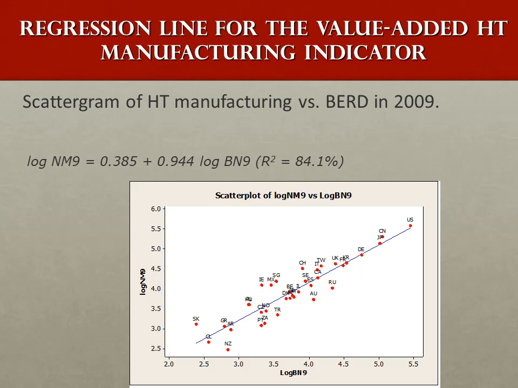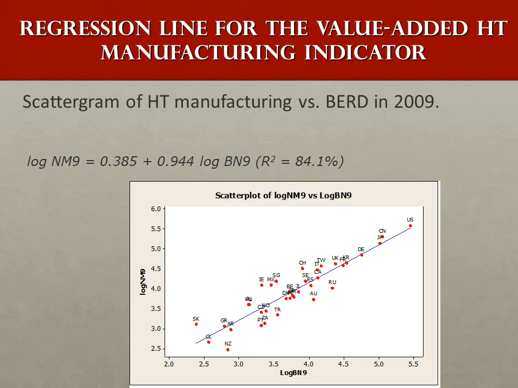And so the standard scattergram and regression diagram shows visually that there is a high correlation between these two variables. Both the y-axis and the x-axis use common logarithms to allow you to look at the wide range of these variables that you see from very small countries to very large countries.